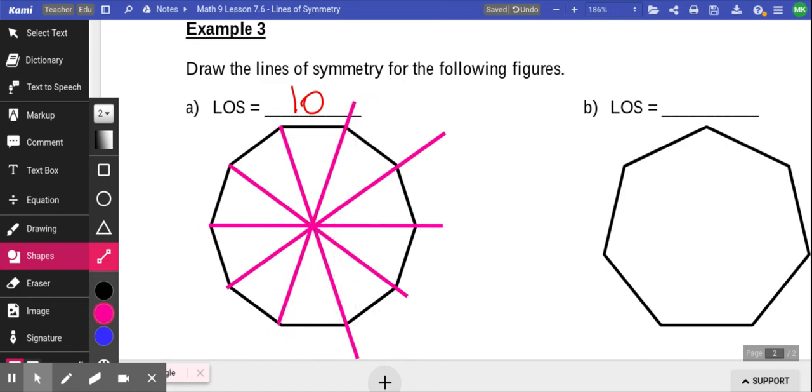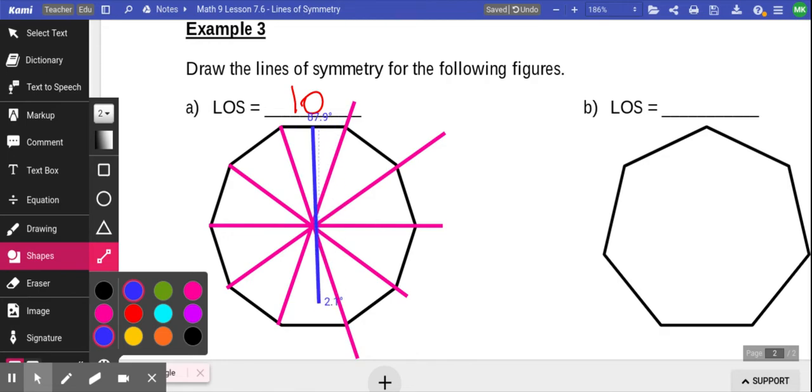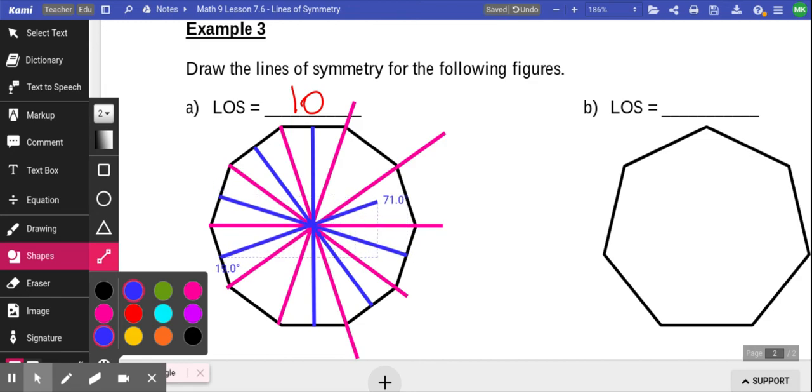So that's from connecting corners. And then I need to connect middle of side lengths to middle of side lengths. That's my 6th line of symmetry right there. My 7th line of symmetry right there. My 8th line of symmetry right there. My 9th line of symmetry right there. And my 10th line of symmetry right there. So I get my lines of symmetry by connecting corners or connecting middle of the side lengths. And that's because it was an even number of sides.